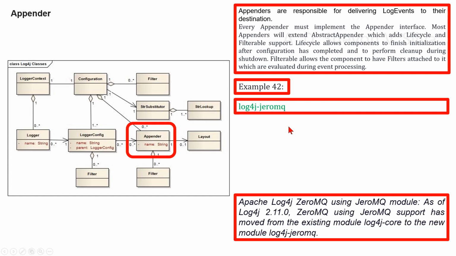Now we are considering the Apache Log4j ZeroMQ using JeroMQ module. As of Log4j 2.11.0, ZeroMQ using JeroMQ support has been moved from the existing module log4j-core to the new module log4j-jeromq.